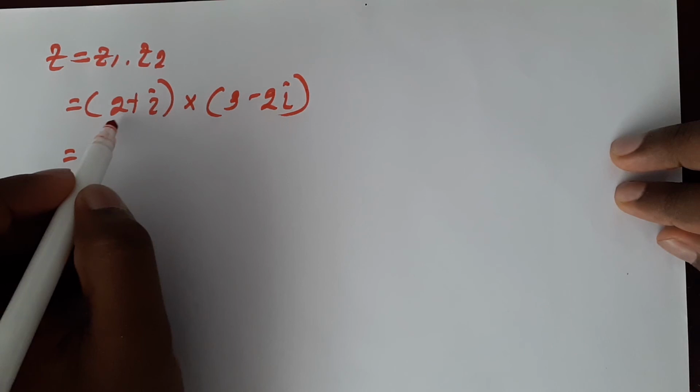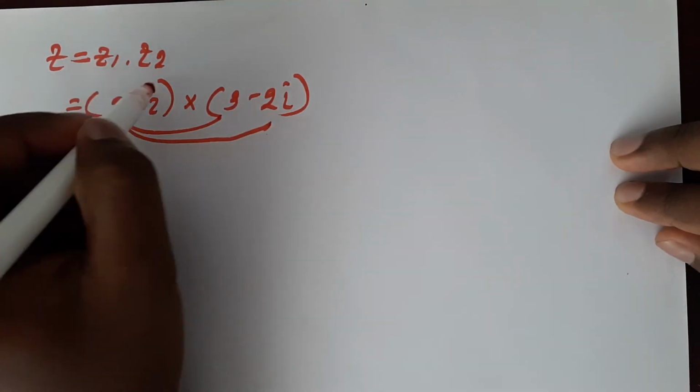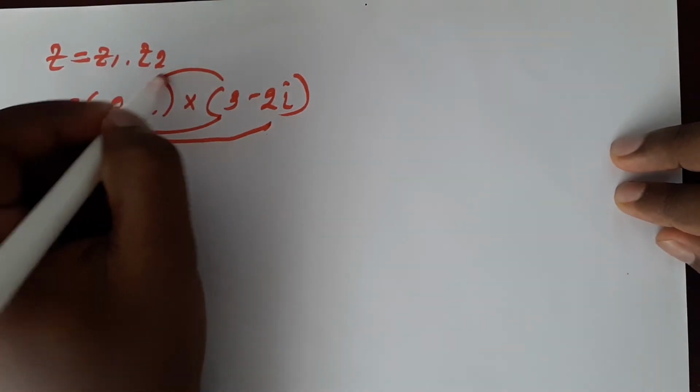I multiply this 2 with 3 and 2 with minus 2i, and then i with 3 and i with minus 2i.